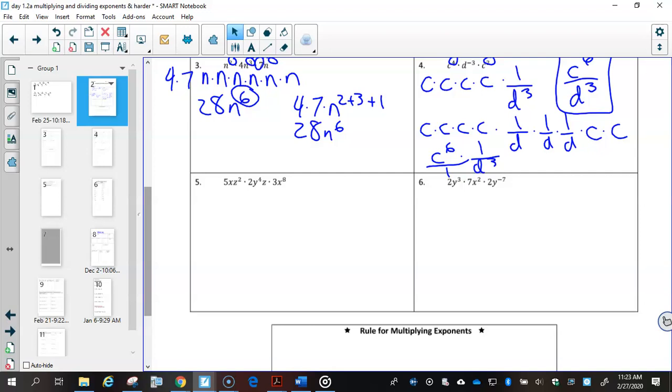Zia, you were going to say something. I was just thinking about... You add the exponents. But we need to be specific, because we can't do that.